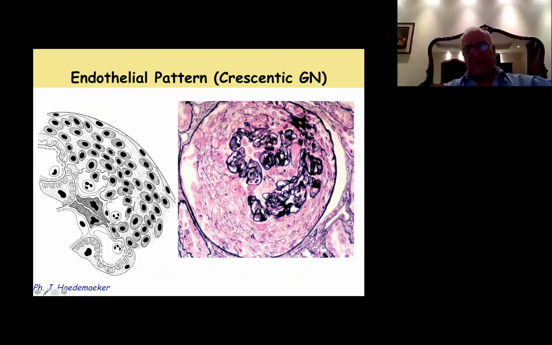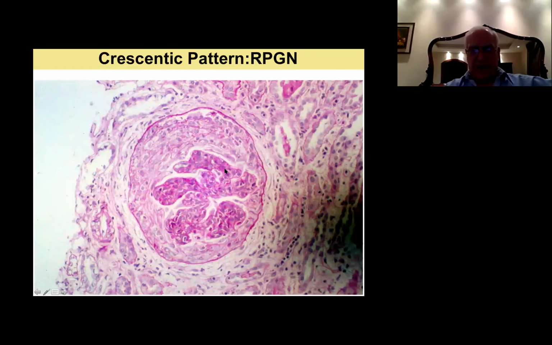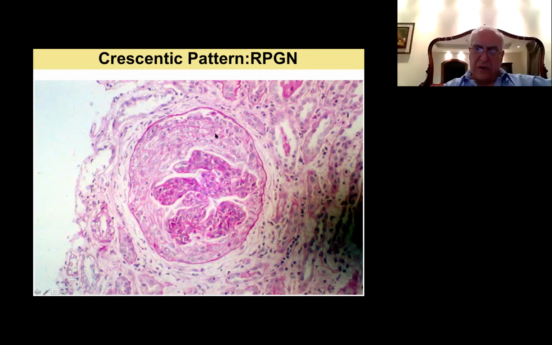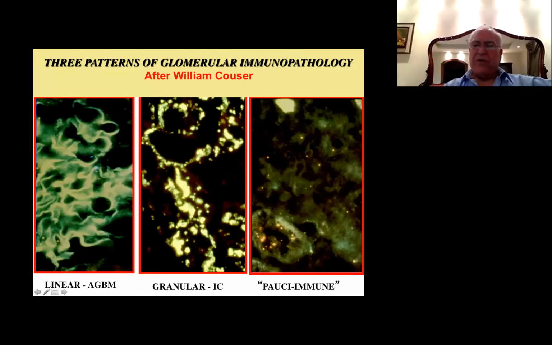Look at this patient here, biopsy from a patient with RPGN. That's the glomerulus being the tuft and all this circumferential crescent formation. If you see crescent formation, then you have to look for immune fluorescence. We classify them into type 1, type 2, type 3.